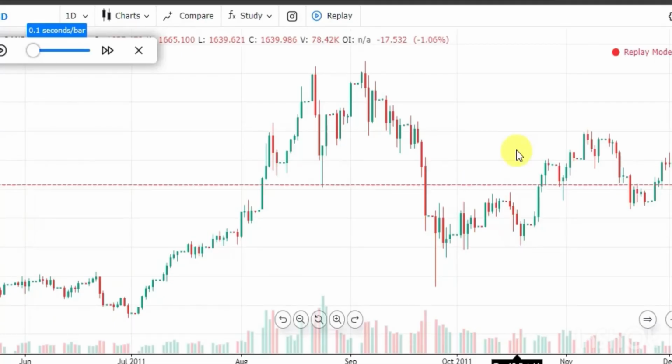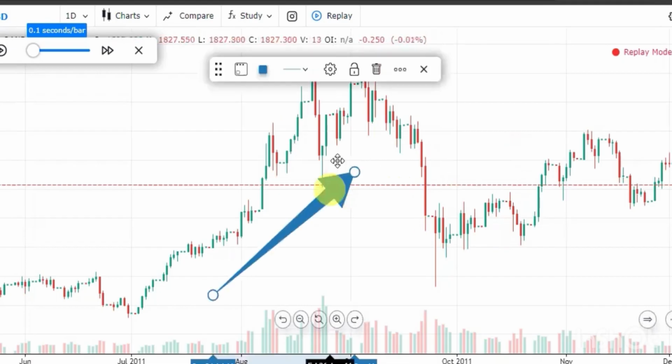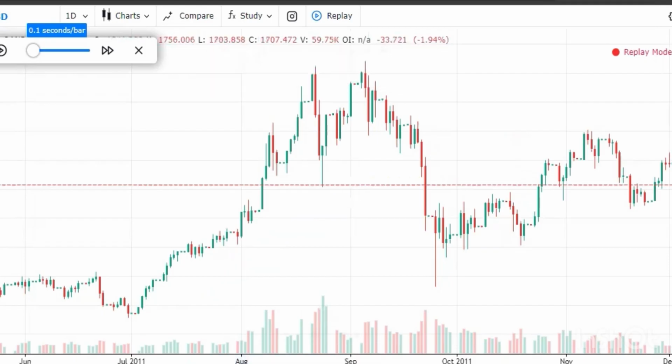We talk about break of structure and change of character in this session. So basically, a break of structure is where you're in an uptrend, right? Or you're in a downtrend, but you haven't changed character as yet.